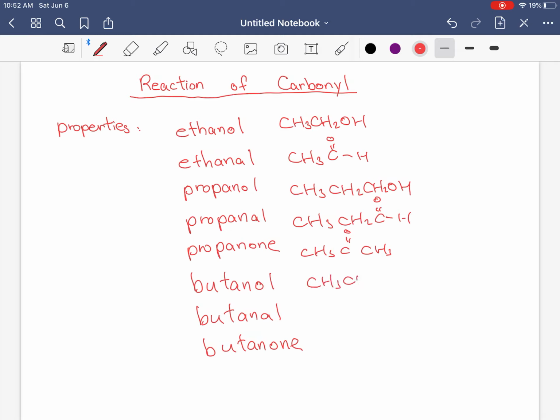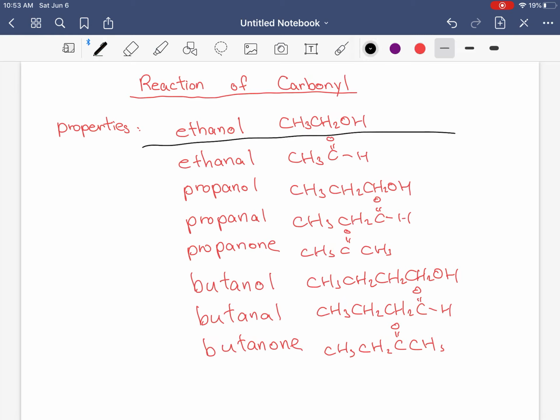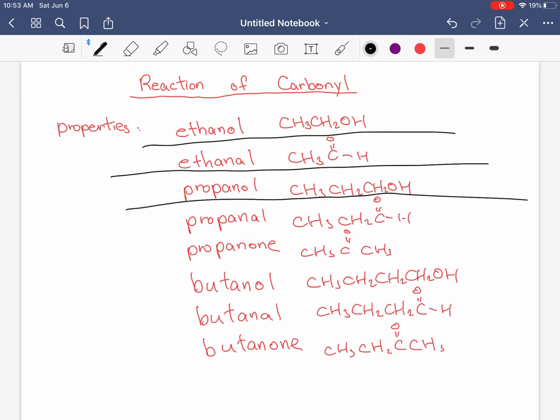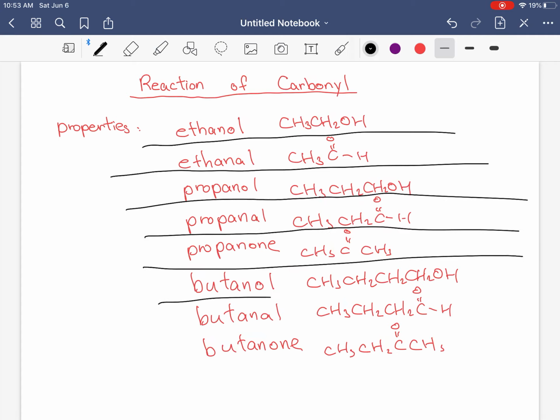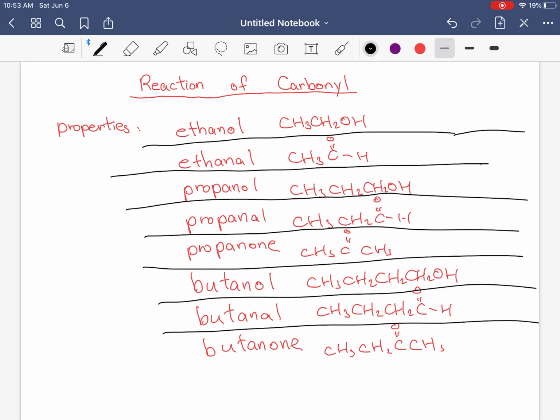Let me quickly just show you butanol, butanal, and butanone. Now, what I want to stress about this, of course, is not their structure, because we already know their structure, man. We're so good at this, it's not even funny. A lot of you did very, very well on the tests in terms of naming these guys. You know, I'm quite impressed. You're doing a way better job than I am.